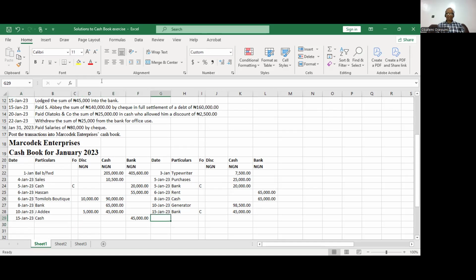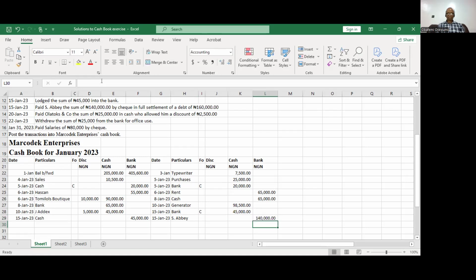So you come here to say, we paid SRB on the 15th of January 2023, check. So that means you're going to be having 140,000 there.